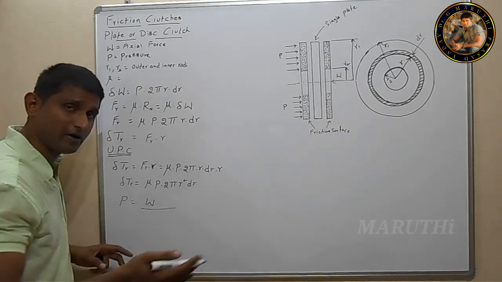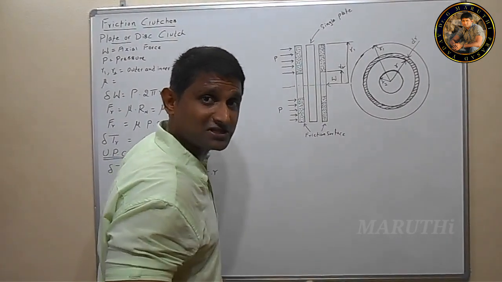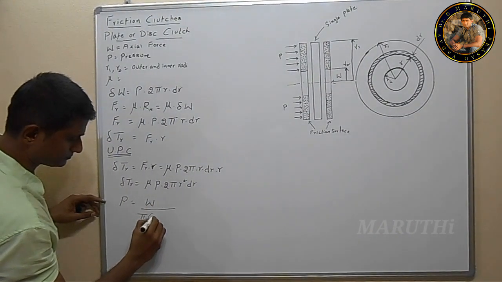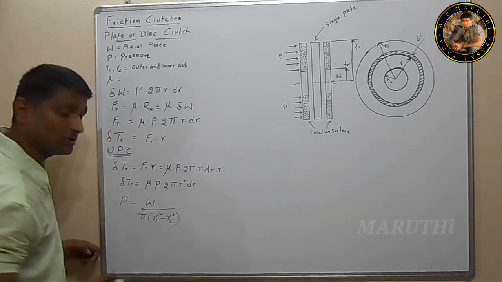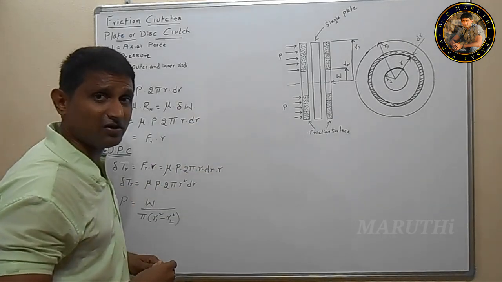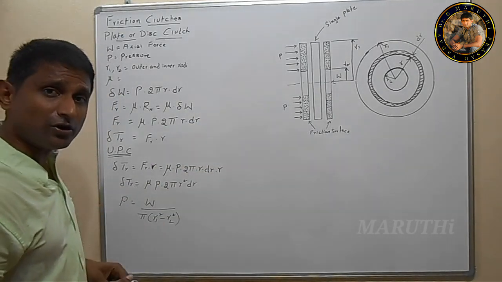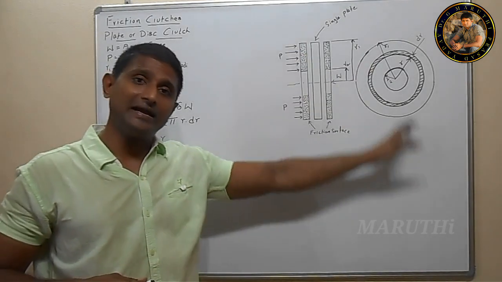It is distributed uniformly, so directly we can take the load W divided by the entire area, with maximum radius R1 and minimum radius R2. So P equals W by pi (R1 square minus R2 square). That is the total area which is under friction.